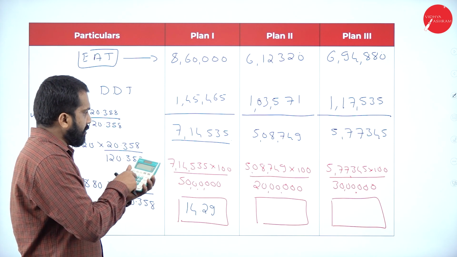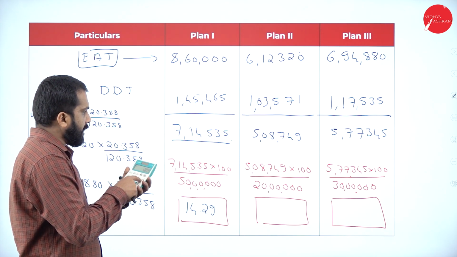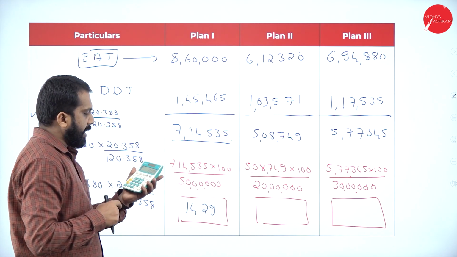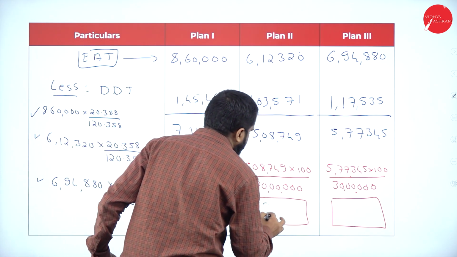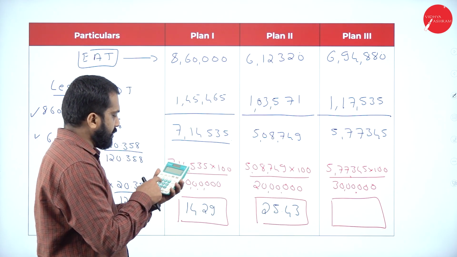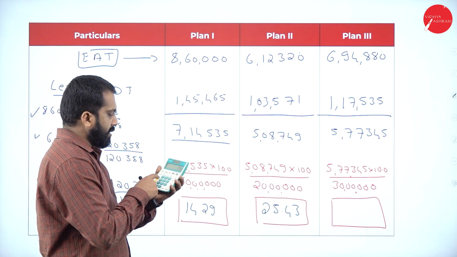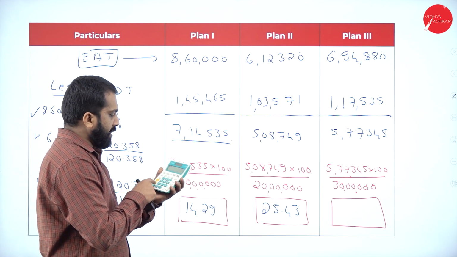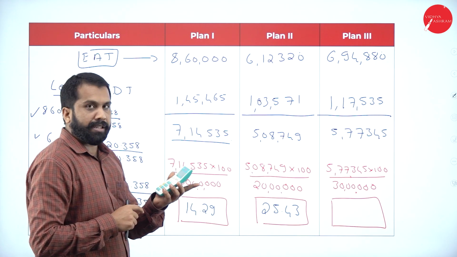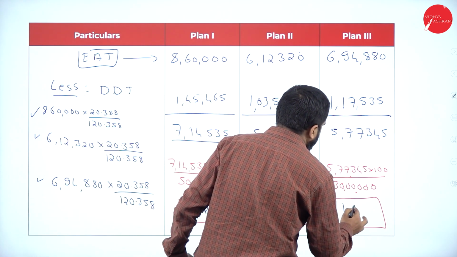Now 508,749 multiplied with 100 divided by 20 lakh. I got 25.43. And the last one is 5,77,345 multiplied with 100 whole divided by 30 lakh. It is 19.24.